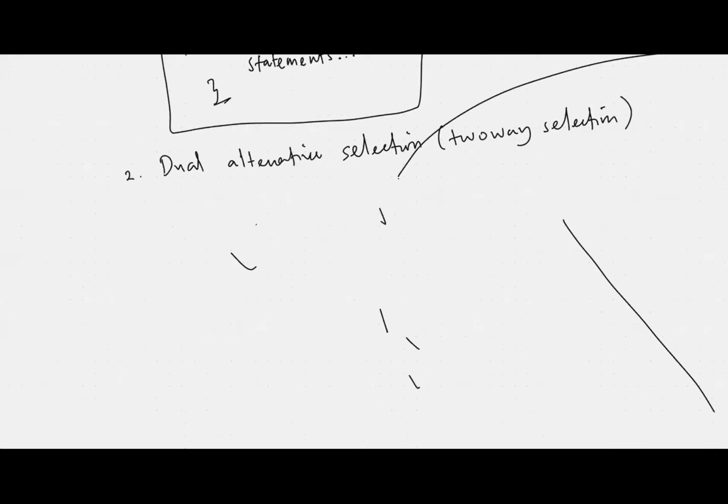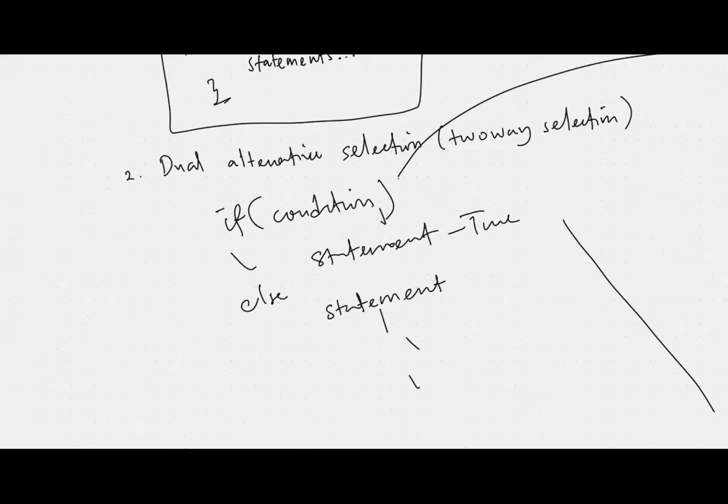So here we have an if, then a condition, and then some statements for when it is true, and then we have the else, and another set of statements for the false. This one is called the dual alternative.